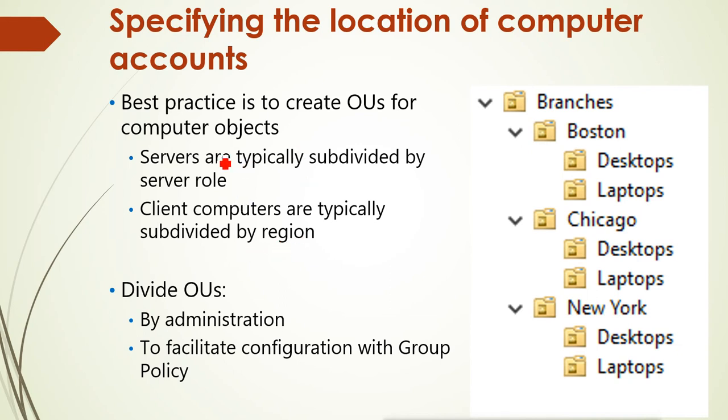That means servers are subdivided by what the server is going to do, so based on that we create different OUs for them, and client computers are typically subdivided by region, like different country, different city, different places. We can create different OUs for different computer accounts.